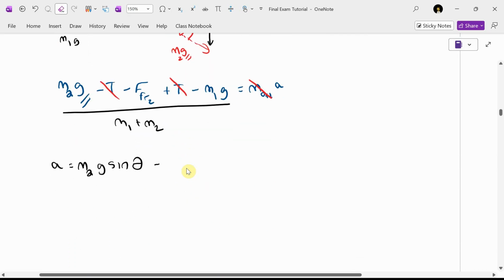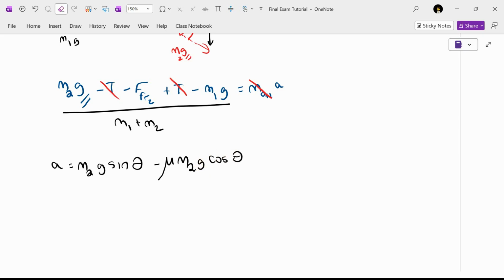Of course it is. So it's going to be mu m2g cos theta. If you want to, in your notes, you can draw an arrow pointing on this line and say, hey, that's mu m2g perpendicular, and that's where the cos came from.